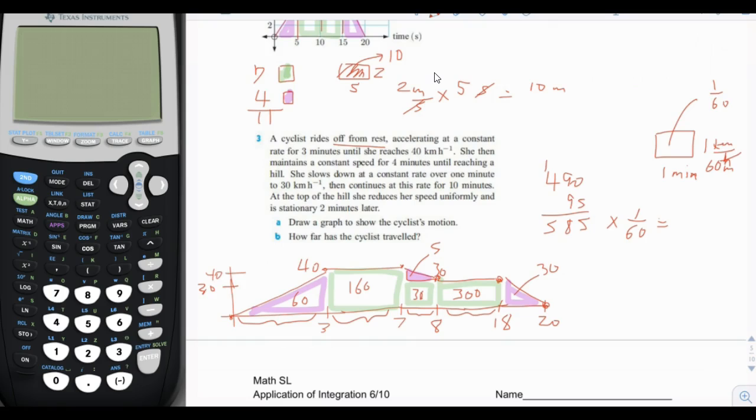Right? Okay, so 585 divided by 60 is, I'll do that on the offline calculator, 9.75. So he traveled 9.75 kilometers. Okay? And that's it for page 5.